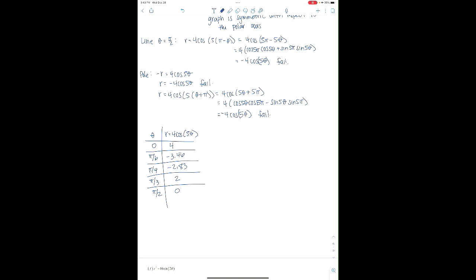Based off of the symmetry, it's symmetric with respect to the polar axes, so we're going to have something happening like this, where we're going to have 5 petals coming off of it.